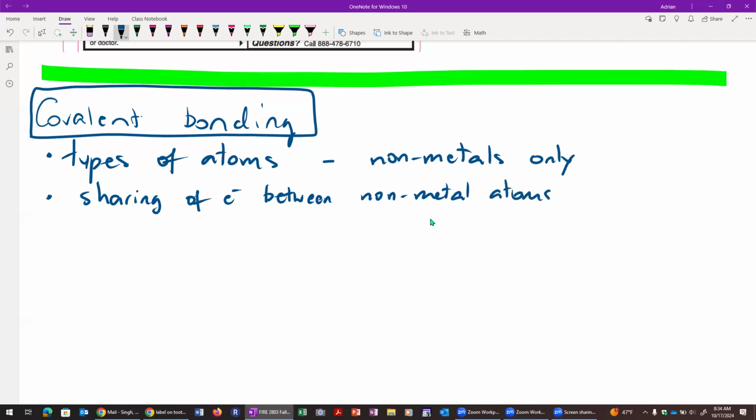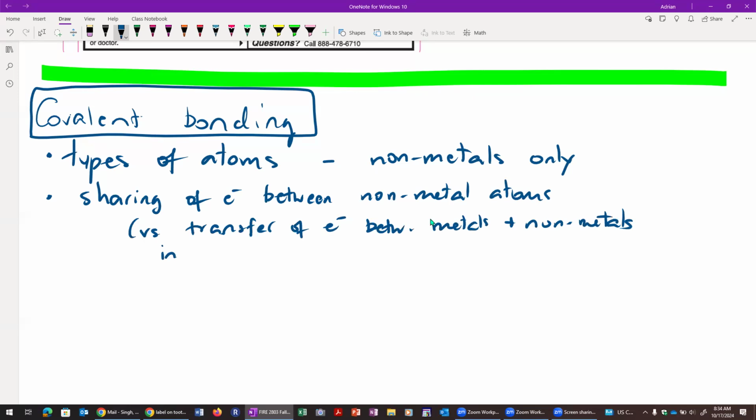Okay, and then we're going to compare this versus the transfer of electrons between metals and non-metals. And we see that in ionic bonding, right? Just to give you a frame of reference for where we're coming from.